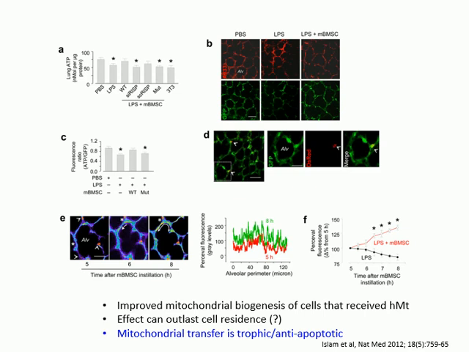So mitochondrial transfer may well be a very potent trophic effect. Certainly this was anti-apoptotic, and the energetics of the host cells that received these mitochondria suggest that this may be a very important mechanism for us to think about in diseases, especially where there's hypotension or ischemia.